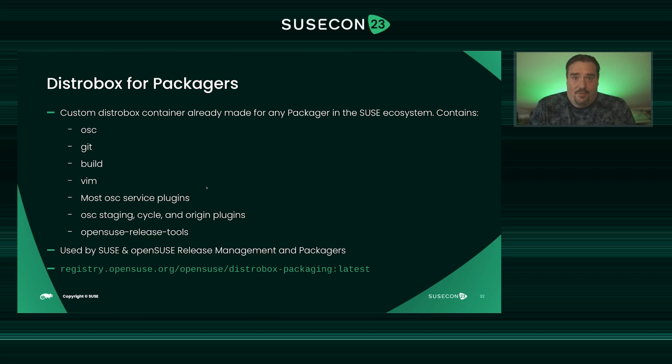Most of us use Vim, and in fact, OSC typically calls Vim for editing things like spec files and change logs, etc. And there are all these really cool OSC service plugins for pulling things from Git and various other source commands. And some of us who are doing release engineering also need staging plugins, etc., or the openSUSE release tools.